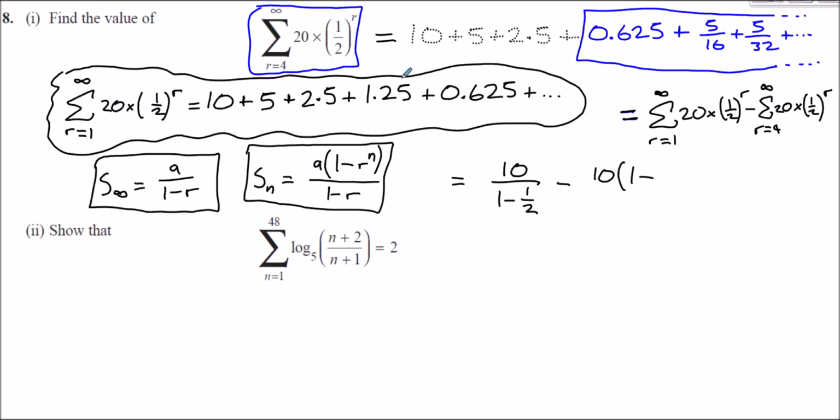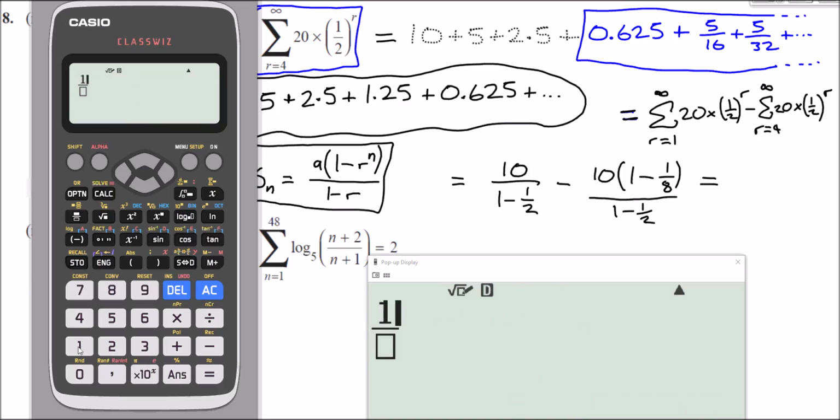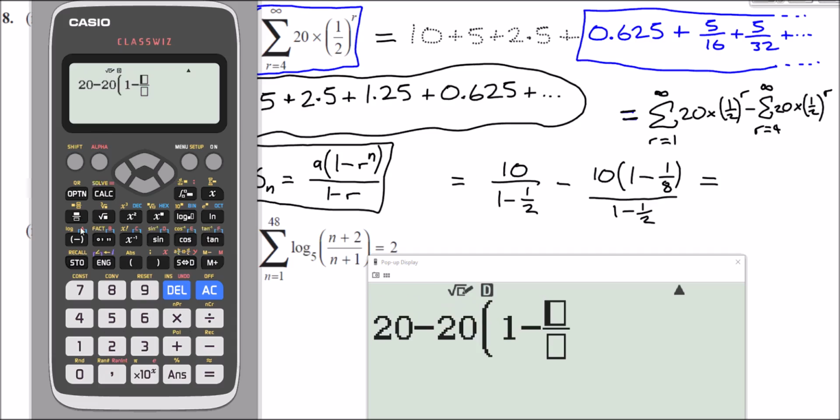So 1 minus a half to the power 3, I can either just do a half cubed or just say it's 1 over 8, again over 1 minus a half. So if we just do these on the calculator, because it's fairly standard really. So 10 all over 1 minus a half. In fact, we know 1 minus a half, of course, is a half, so we can just double the tops. So we've got 20 minus 20, brackets, 1 minus 1/8. And what we'll have here is just 5 over 2.